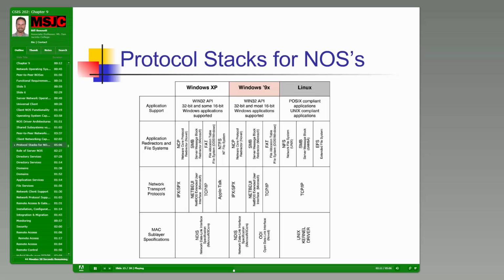In the Linux environment, they support the network file system, which is used a lot in the Unix environments, and then also the EFS, the extended file system. And then they do have a capability to support, at the session layer, server message blocks. The product that they use is called Samba, and that gives them server message block emulation so that you can use Linux clients to communicate with Microsoft servers, and you can use Microsoft clients to communicate with Linux servers.